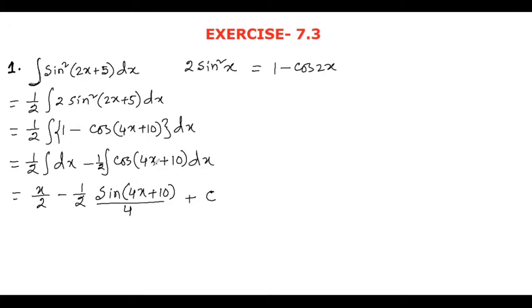Okay, this is the rule. The other way you can do it, 4x plus 10 you can consider as t, then you substitute it, and you will get the same result. So what is the result here? x by 2 minus 1 by 8 sine of (4x plus 10) plus c.